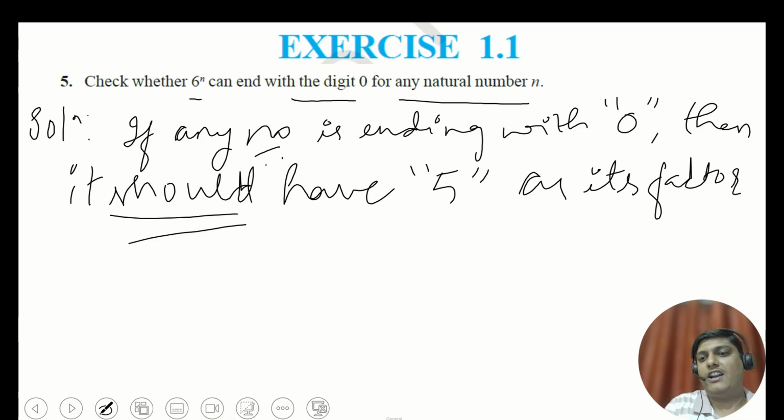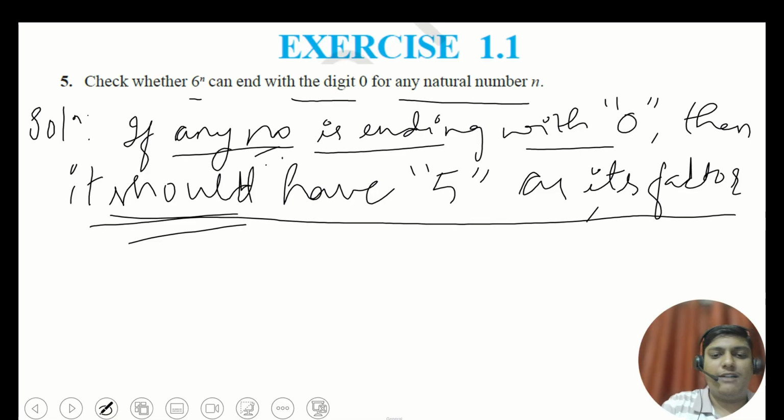When you do the prime factorization of any number, for it to end with 0, it must have 5 as a factor. Why? Because any number which is ending with 0 will definitely be divisible by 5, correct? So it should have a factor called 5. See, this is so simple to understand.